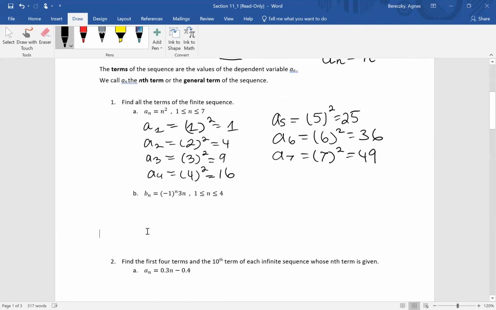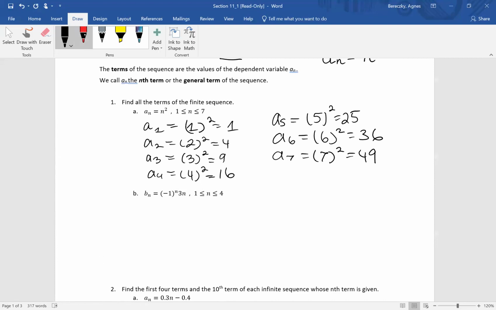Moving down to our second example, where n is between 1 and 4, so we will be listing 4 terms. The first term is plugging in 1 for n: negative 1 to the 1st power times 3 times 1 equals negative 3.